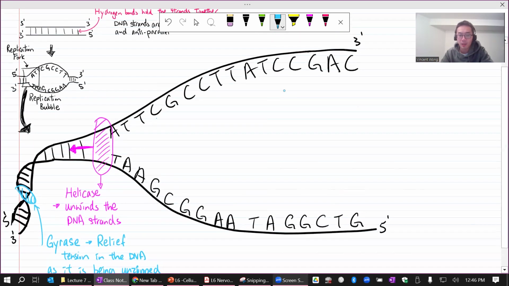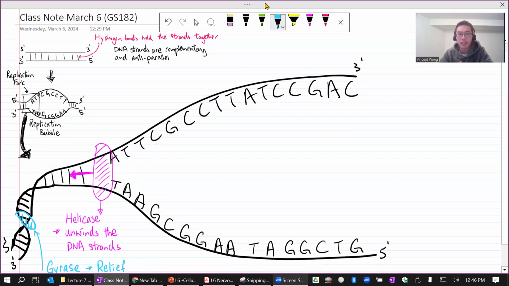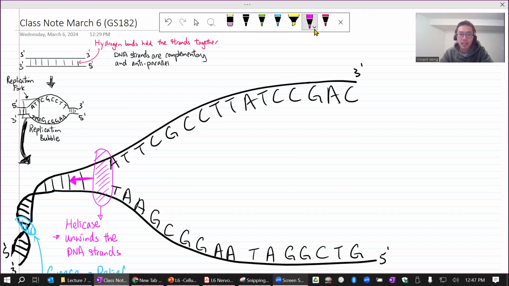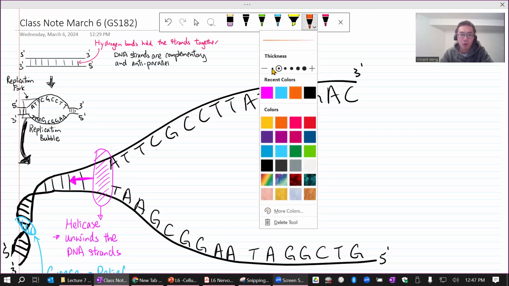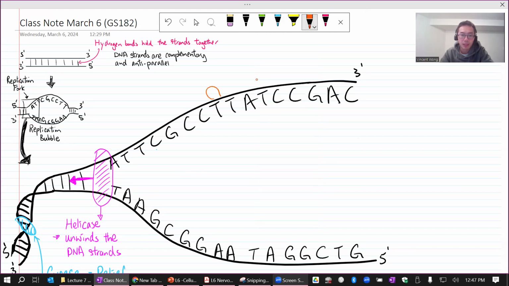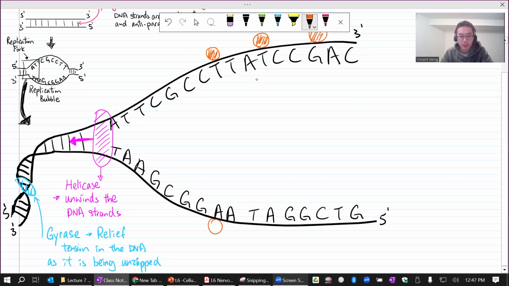We want to keep them apart so we can build a new strand, right? So to separate these strands, we need more protein. So there are these orange circles. Obviously, they don't actually look like that, but I'm just trying to draw you a diagram to help you understand.